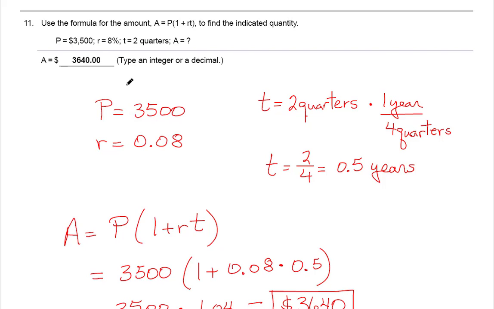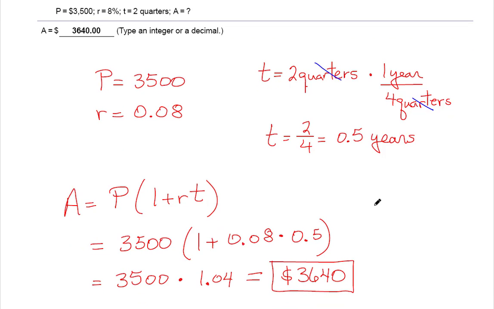R is 8%, so 0.08. We're doing this for 2 quarters, but my time needs to be in years. So I need to convert. 1 year has 4 quarters. The quarters cancel. I get 2 over 4, but 2 over 4 is 1/2, or 0.5. So half of a year, or essentially 6 months.